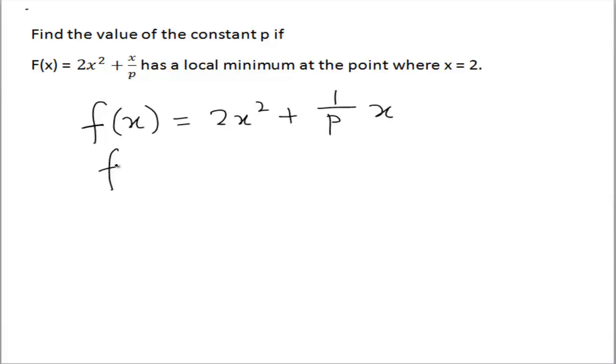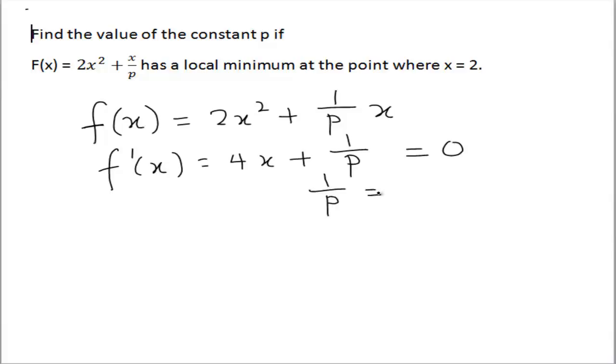Now your derivative of that is 4x plus 1 over p, which is equal to 0, and then we know that x is equal to 2, so 1 over p is equal to minus 8, so p is equal to minus 1 over 8.